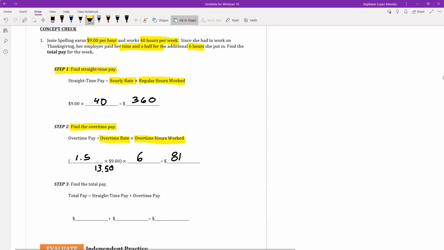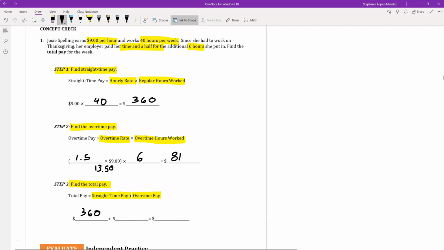Now in step 3, we need to find the total pay. We are going to be using the formula total pay equals straight time pay plus overtime pay. So in this exercise, we are going to use the two results we found on step 1 and step 2. On step 1, we found the straight time pay, that was $360.